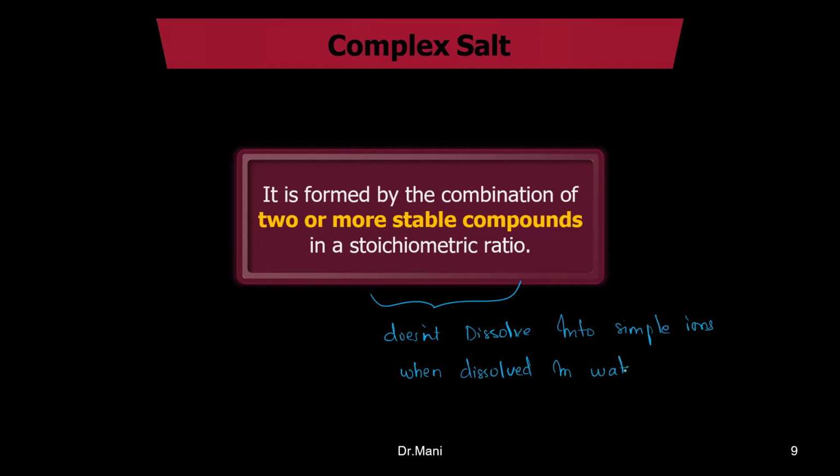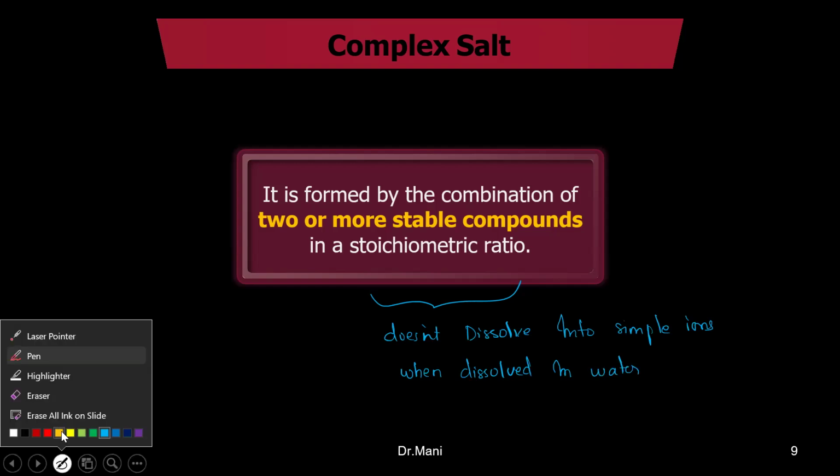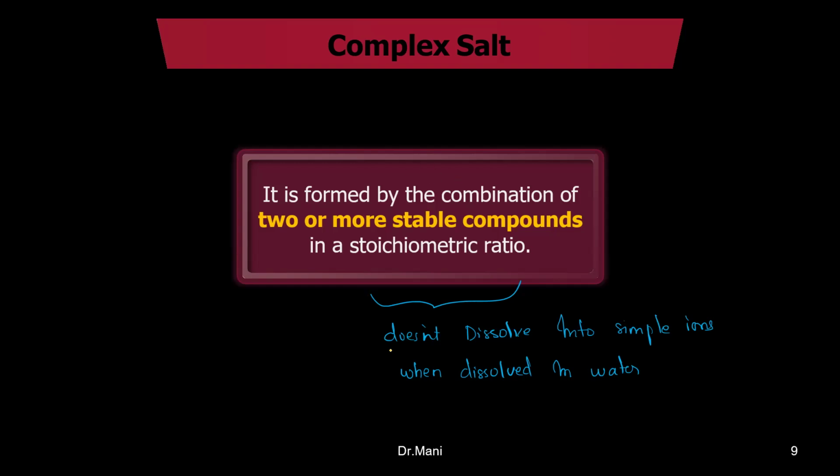This is the defining character of a complex salt. The double salts dissolve into simple ions.